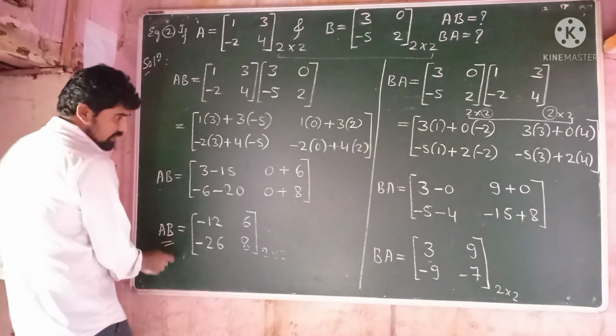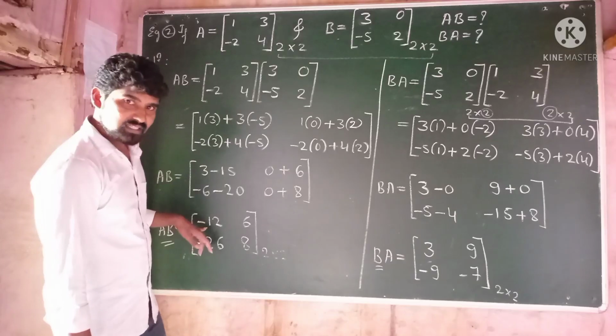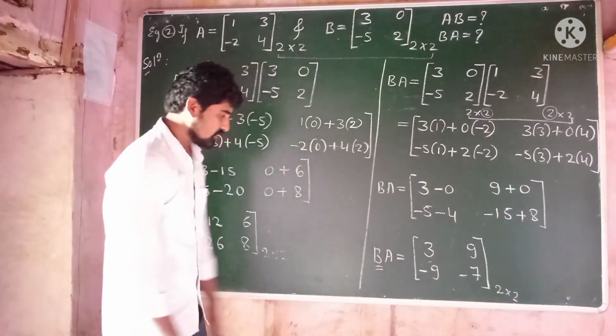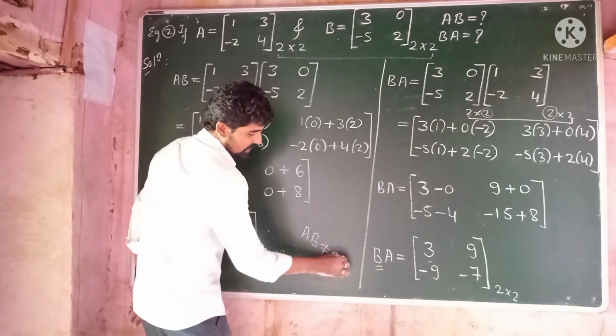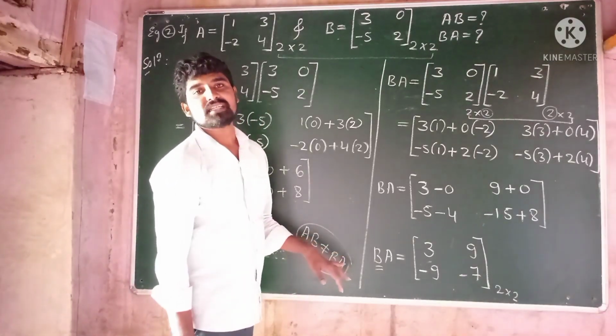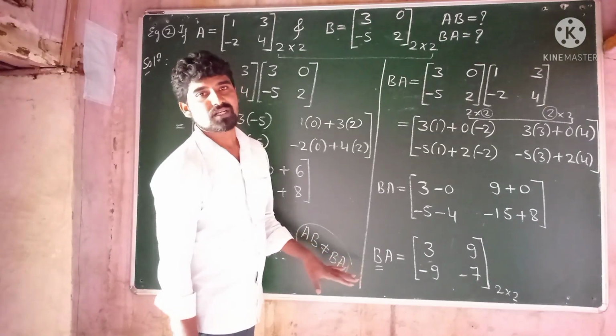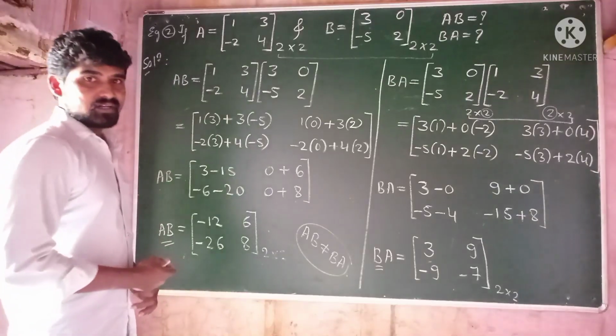Is AB matrix equal to BA matrix? Minus 12 exists here, while here 3 exists. Therefore, AB matrix is not equal to BA matrix. It means matrix multiplication is not commutative. I hope all of you understood. If possible, take a note.